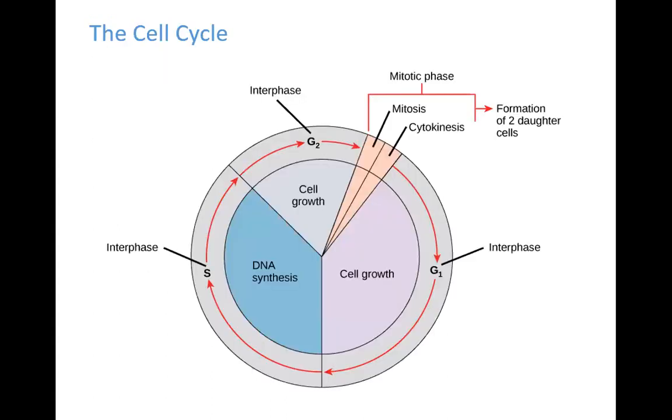And the cell cycle looks something like this. Now, this is one of the better diagrams that shows you the amount of time spent in interphase, because a lot of diagrams will give mitosis like a whole quarter of the circle, and that's not true.